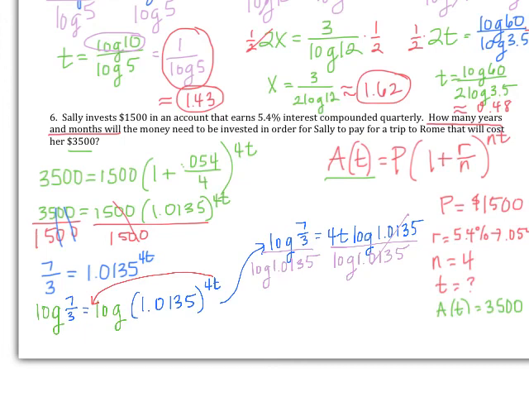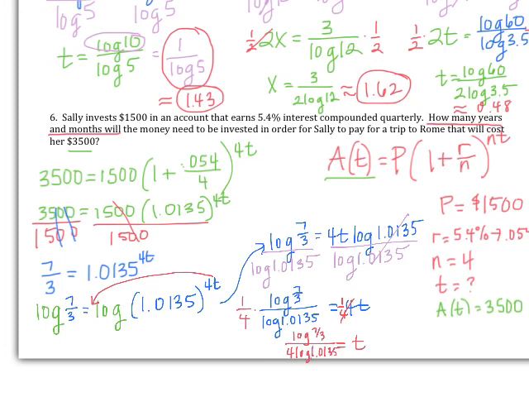So now I have log of 7/3 divided by log of 1.0135 is equal to 4t. I'll multiply by 1/4 on both sides, so that I get t equals log of 7/3 divided by 4 times the log of 1.0135.